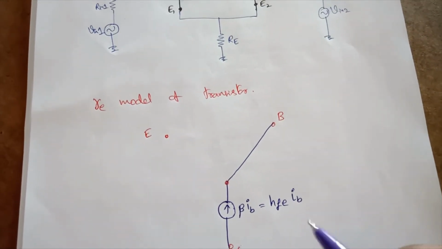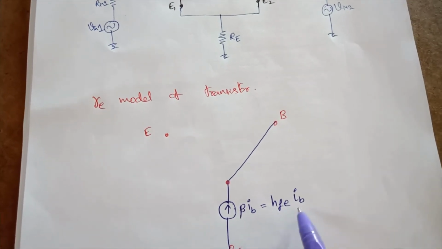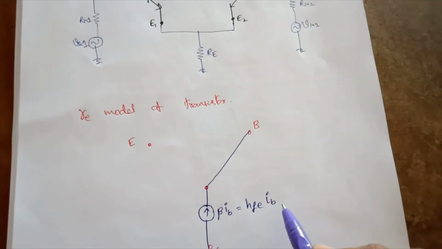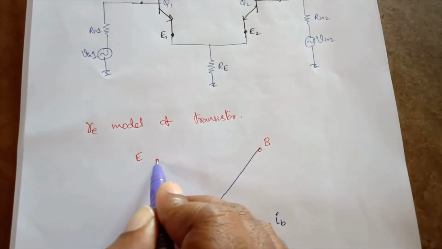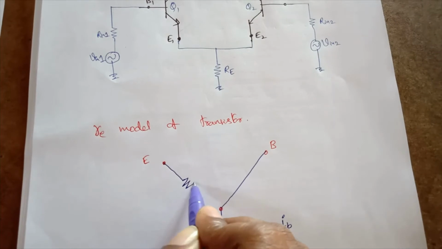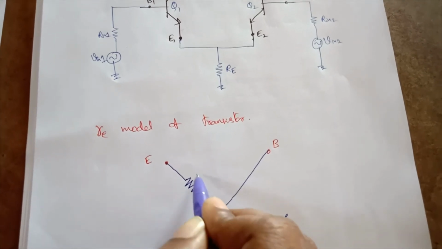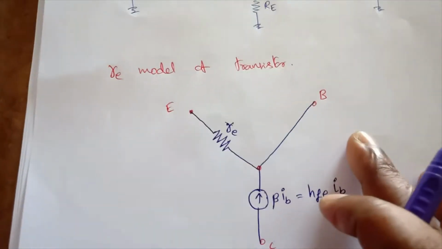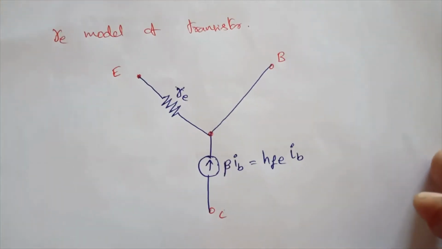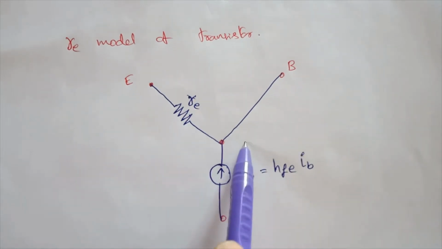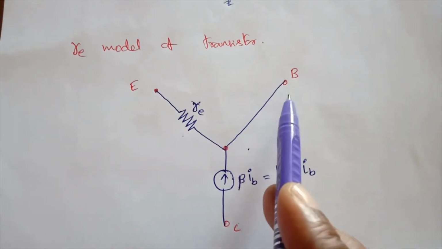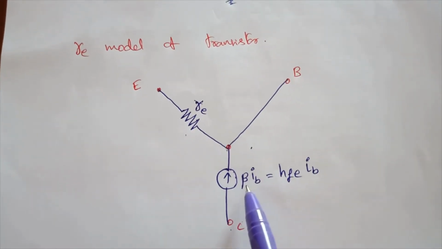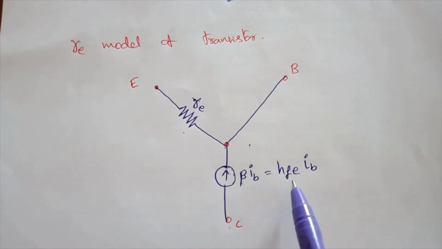I have already told that in AC analysis we represent all the currents and voltages in small letters. In the same way, from emitter to common terminal we have a resistor RE. So this is the RE model of the transistor: from emitter to common terminal the resistor RE, from base to common short circuited, and from collector to common terminal a current source beta times IB.